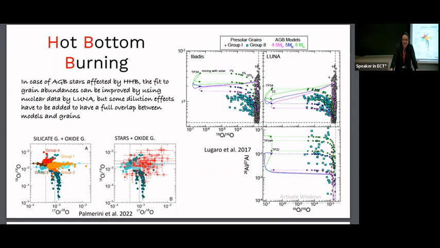Sarah, I resist any comment about aluminum 26, but there is a question. I would like to know how much the initial abundances you start from affect the final ratios. I mean, if the star is born with 10 times lower aluminum 27 in the envelope, do the grains still remember the initial composition or not?